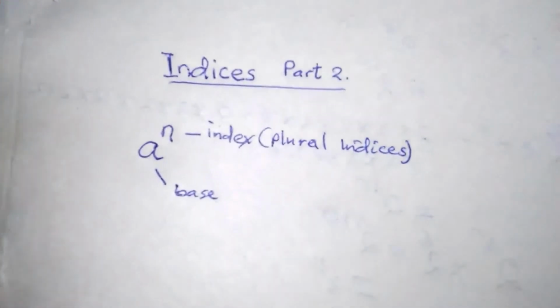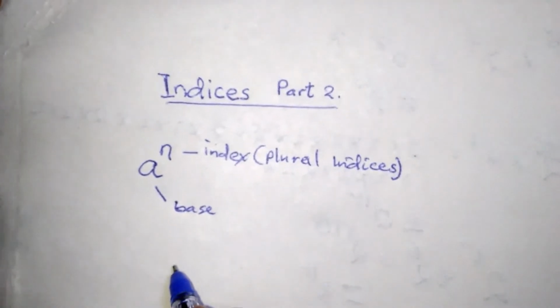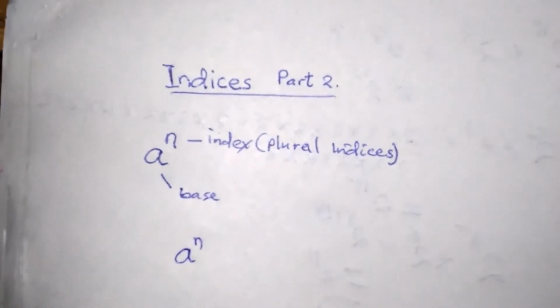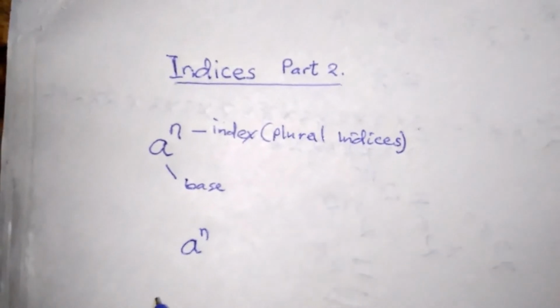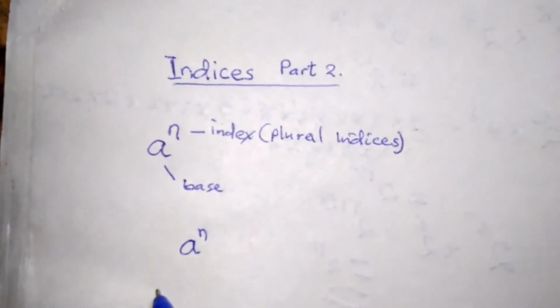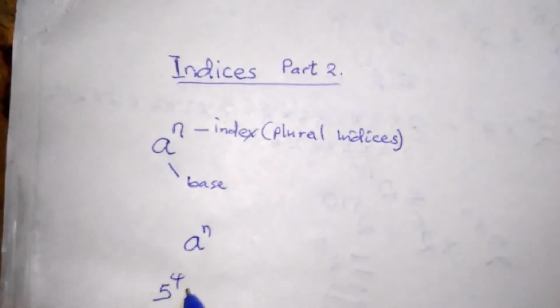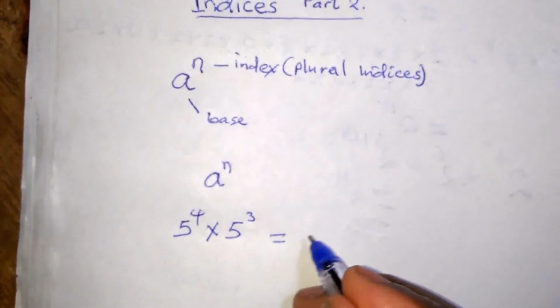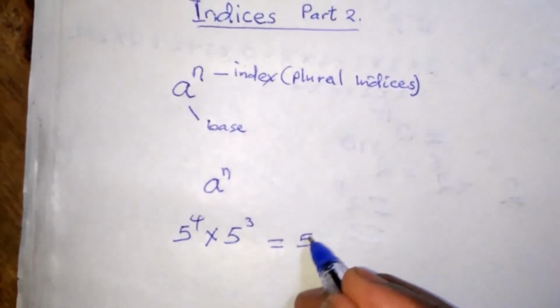Indices are therefore numbers that are written in the form of a raised to n, and we did an example of taking 5 raised to 4, multiplied by 5 raised to 3, and we found the answer to be 5 raised to 7.